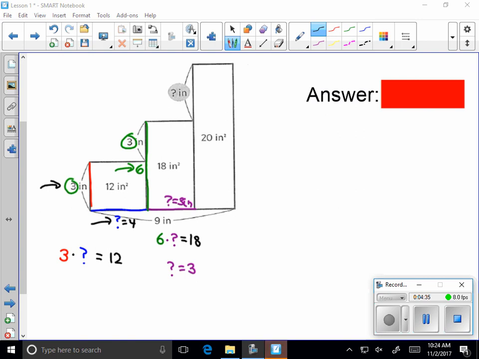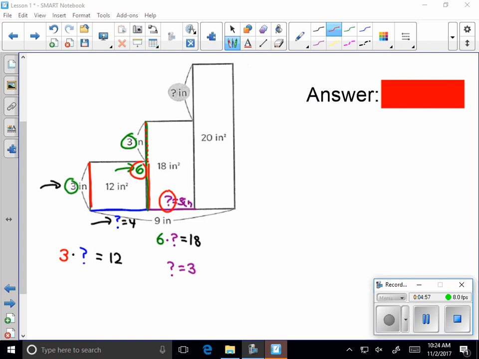Okay, so I know that this length is 3. So I know this length right here is 3. And this length right here is 3. So the total of those two has to be 6. And 6 and some number, which I've put in purple here, 6 and some number have to multiply to 18. Okay, so that's 6 and 3.